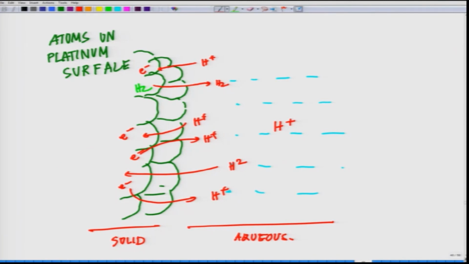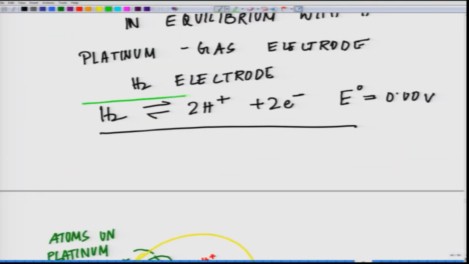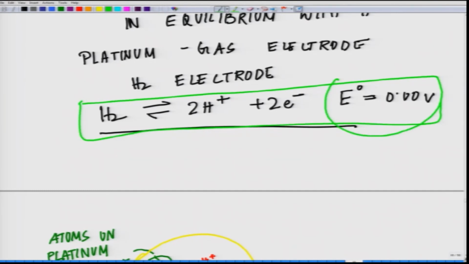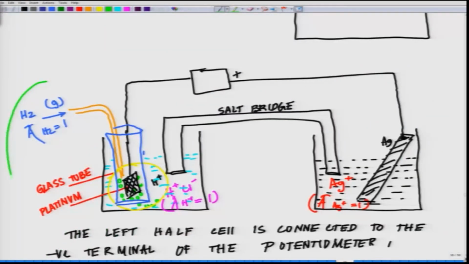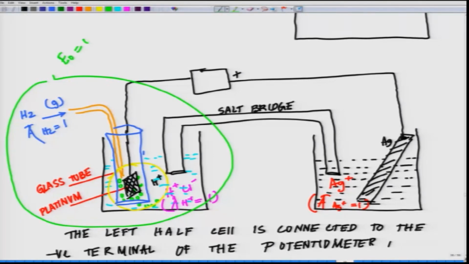So the platinum surface is a very dynamic surface, and there are a lot of such possible reactions happening on it. What is being assumed, as I told you, is that this is a surface phenomenon. In a normal condition, this electrode by itself, standalone, will have an E naught equal to 0 volt.